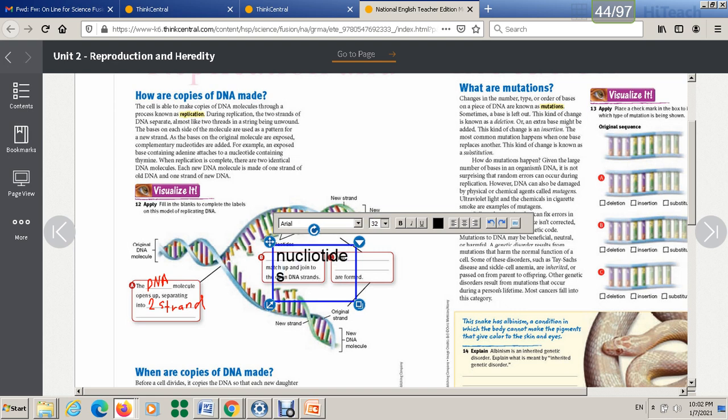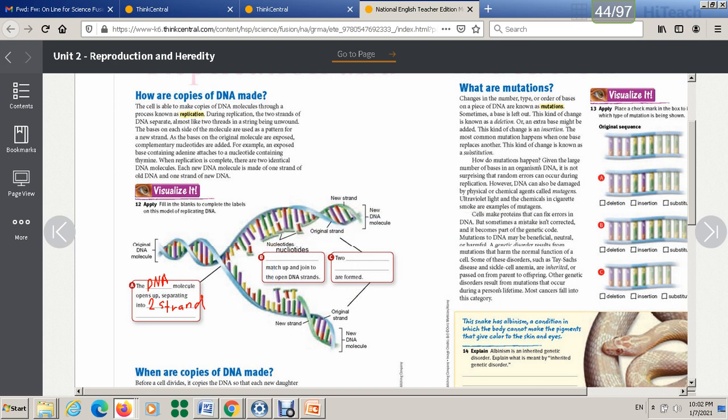Nucleotides match up and join to the open DNA strand. I open this one, a new nucleotide will be added and match to the old one, okay? A with T, T with A, C with G, G with C. The last step: 2 identical molecules are formed.